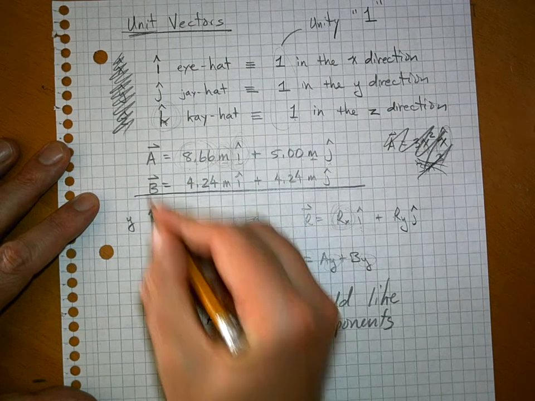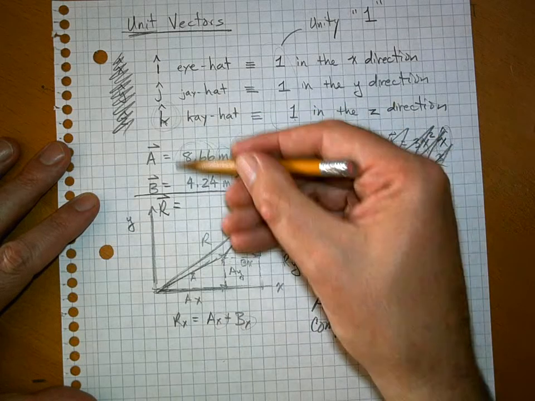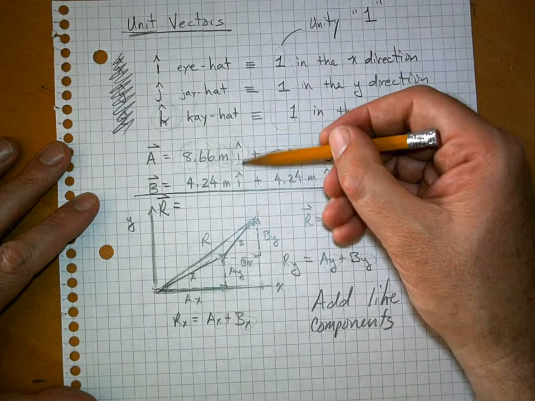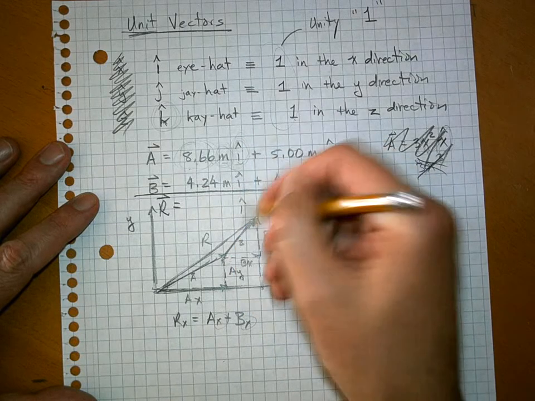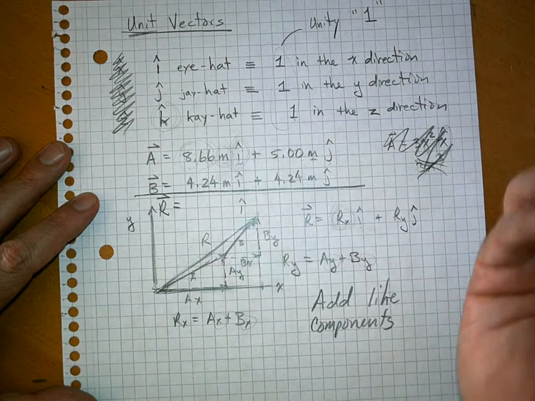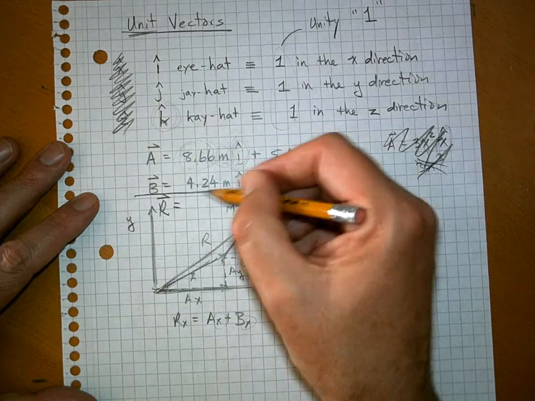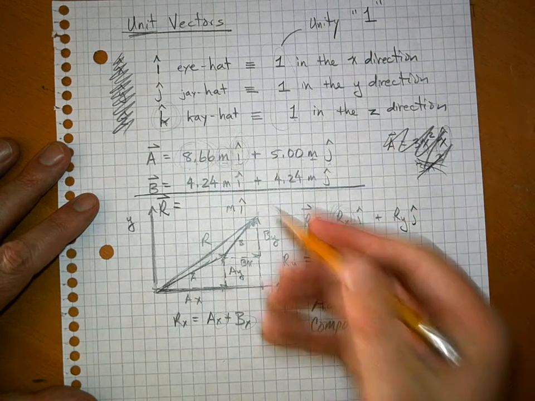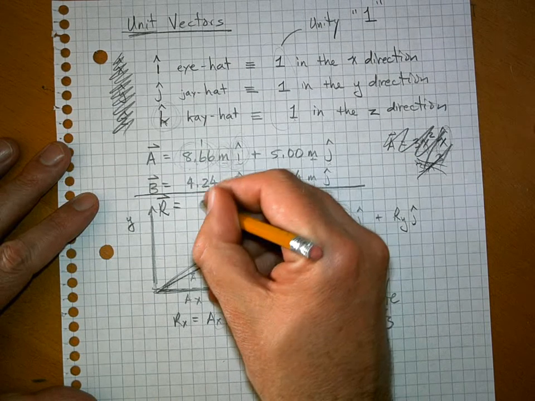I can just say that vector R is equal to, well, add the like components. I hat plus I hat, it's just going to be I hat. It's kind of like a common factor. Treat the meters like it's a common factor. And now we're just going to add together the quantity of that. So 6 plus 4 is 10, and we've got 9.